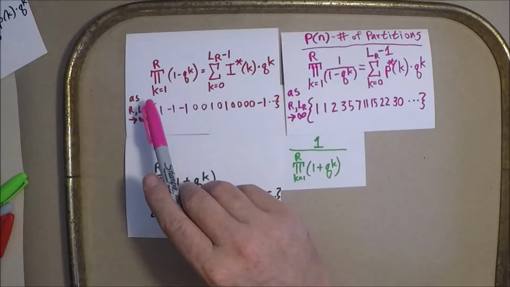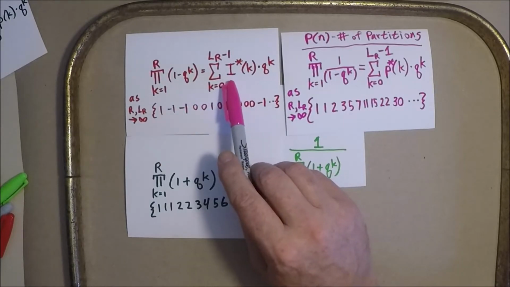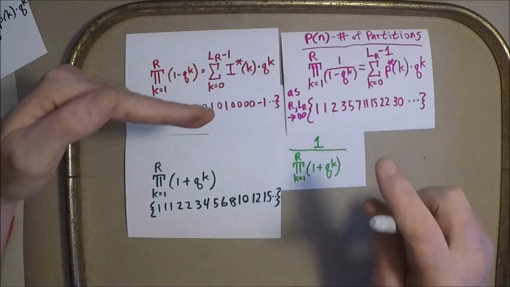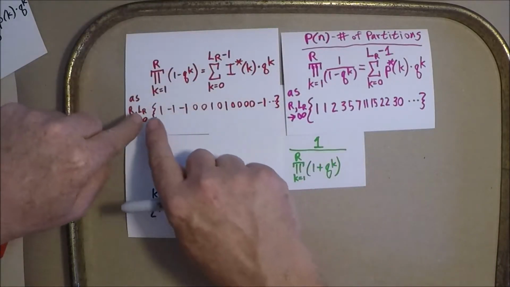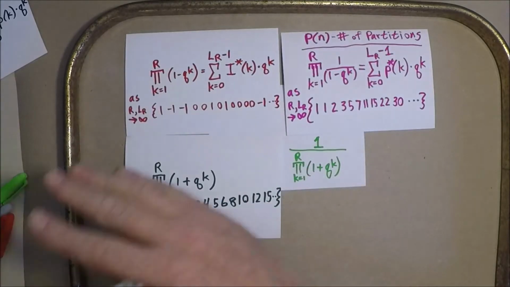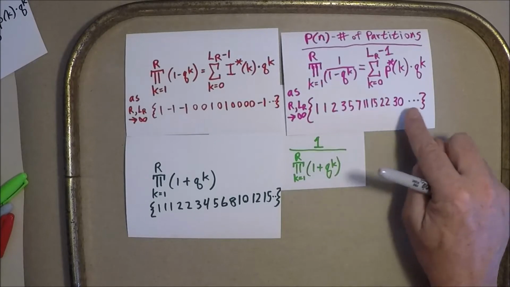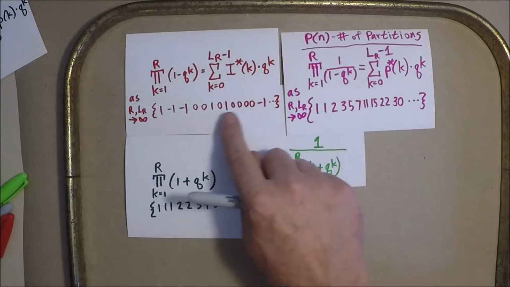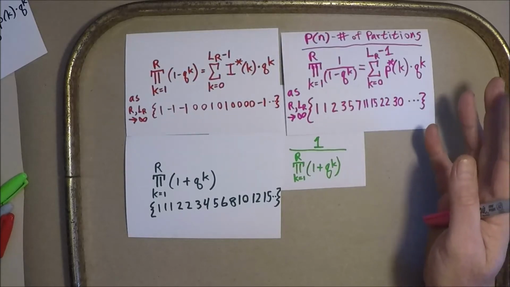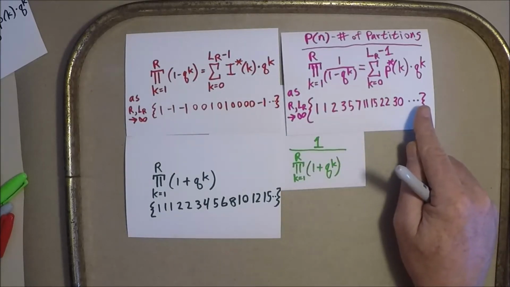I've written something similar for the inverse of this sequence, and I put this capital I star because the inverse and the data that you have in this sequence is intimately related to the data that you have in this sequence, and one is alternating, and the other is strictly non-decreasing.